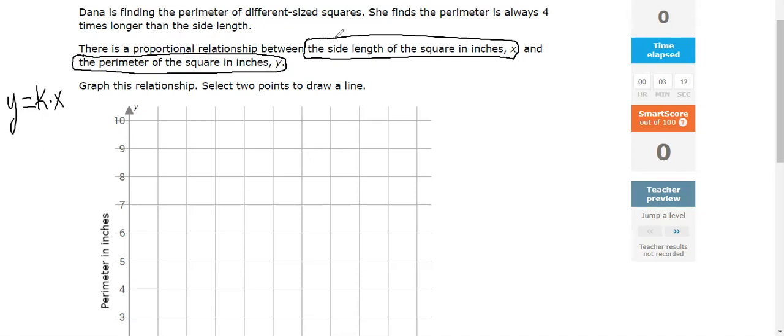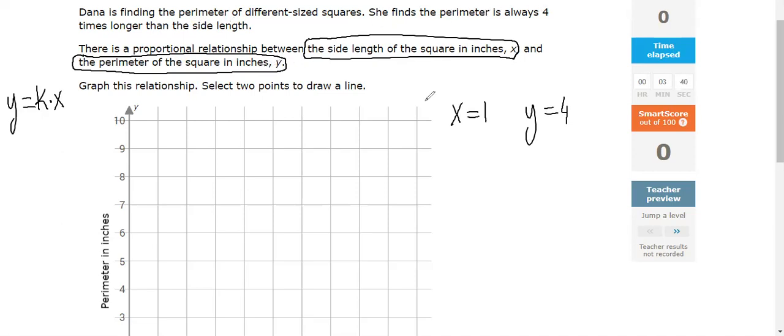And then we also have data given here. She finds the perimeter is always 4 times longer than the side length. So for example, if the side length is 1, then the perimeter is going to be 4 times 1, which is 4. When x is equal to 1, y is going to be 4, because y is the perimeter.